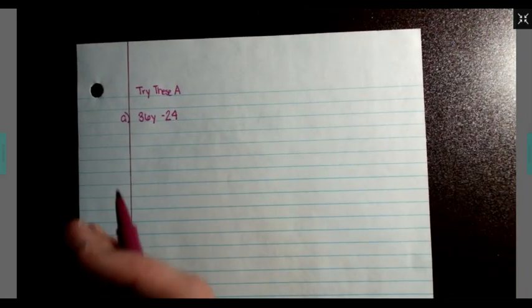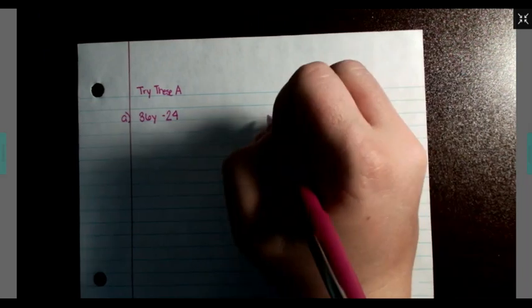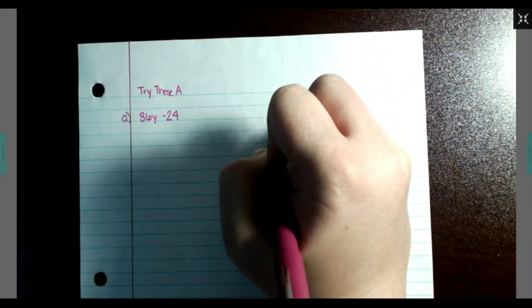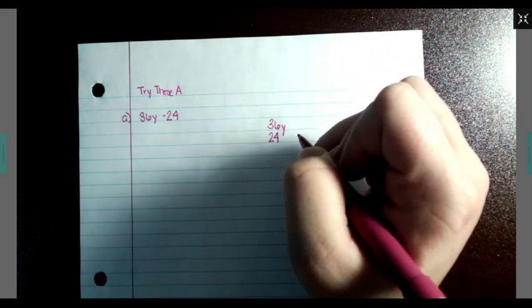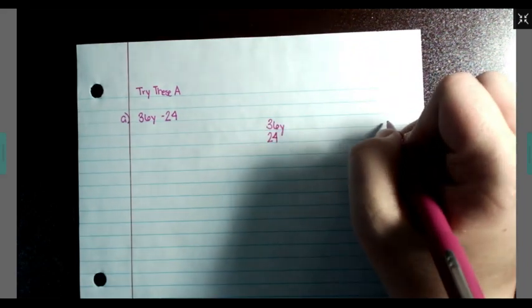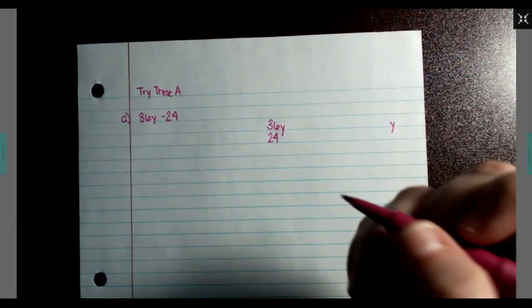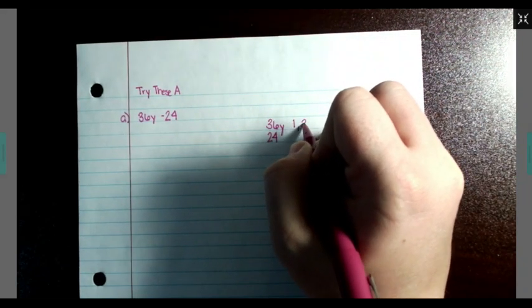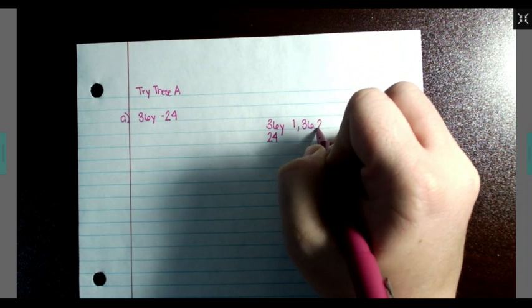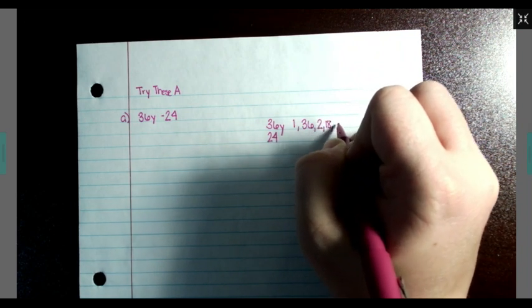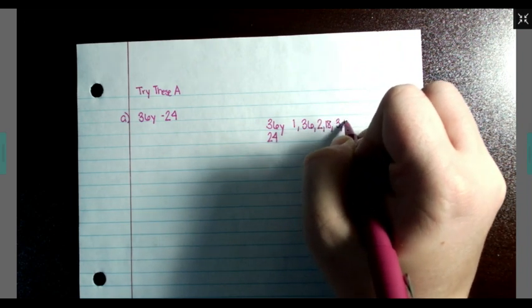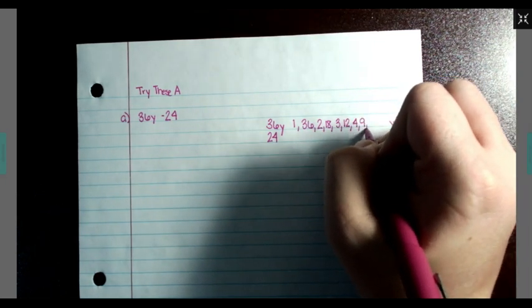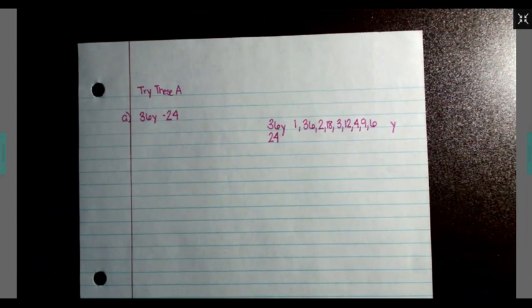I'm going to first find the factors of 36y and of 24. Well, I know that y is by itself over here. For 36, we could do 1 and 36, 2 and 18, 3 and 12, 4 and 9, or 6 and 6.